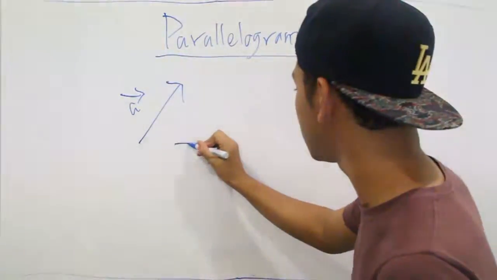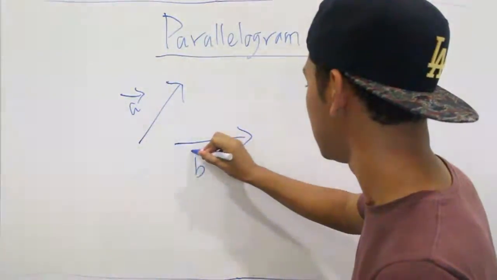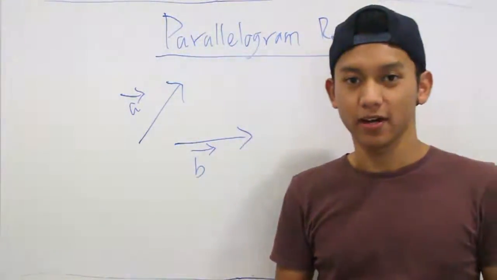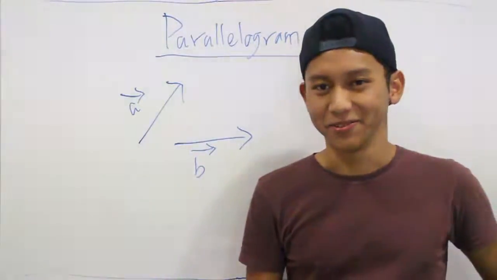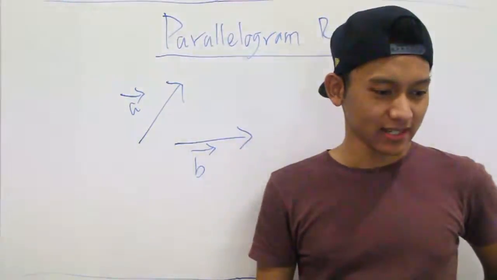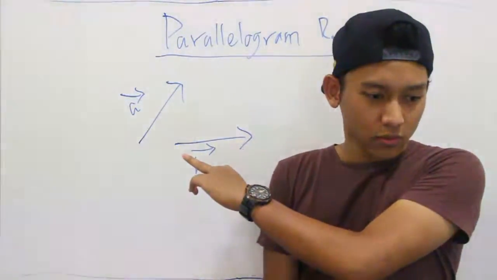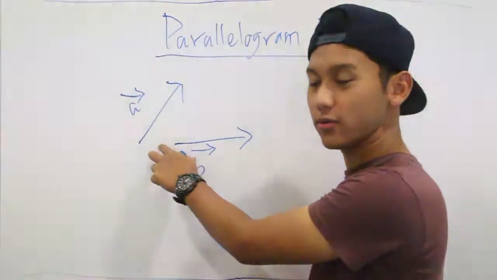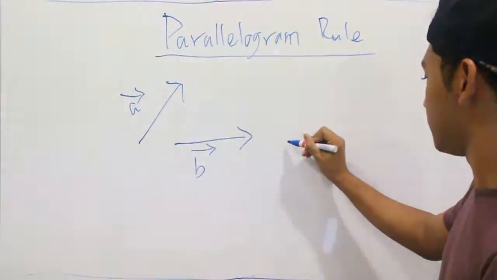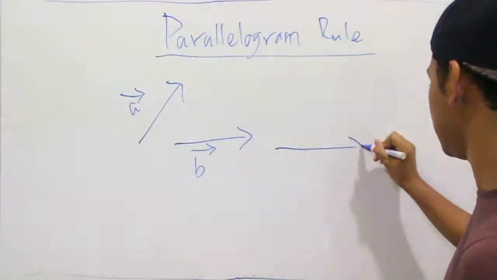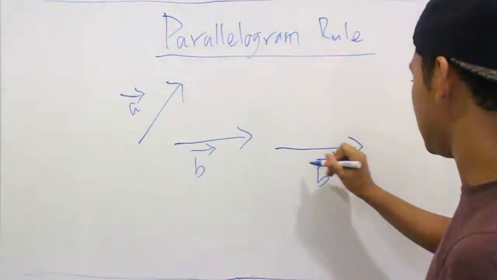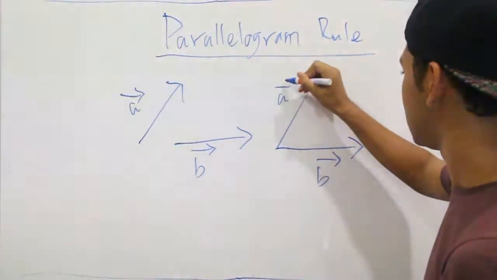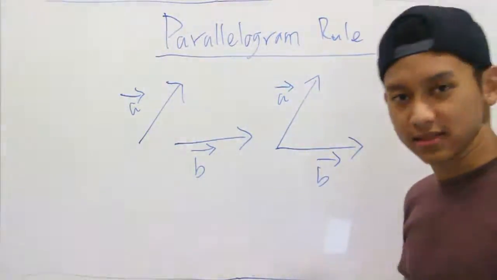And we got vector B. Now to add these vectors using the parallelogram rule, we position both vectors with their tails at the same point, which means their tails should be touching. This is vector B, and this is vector A.